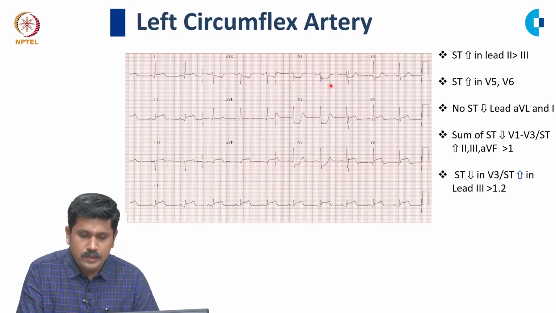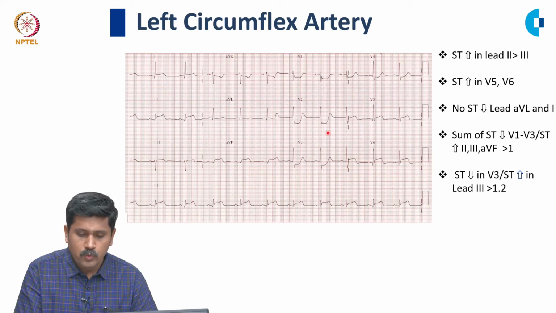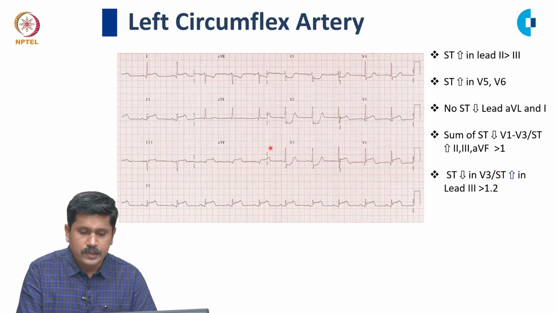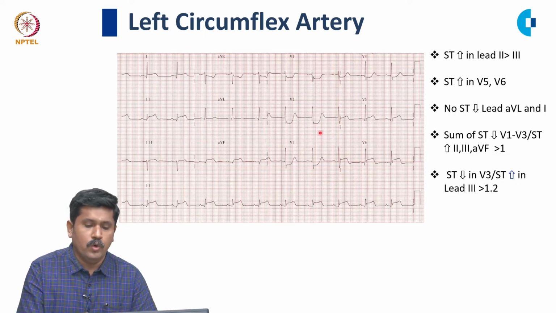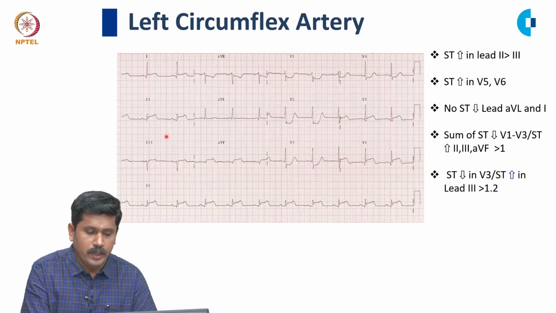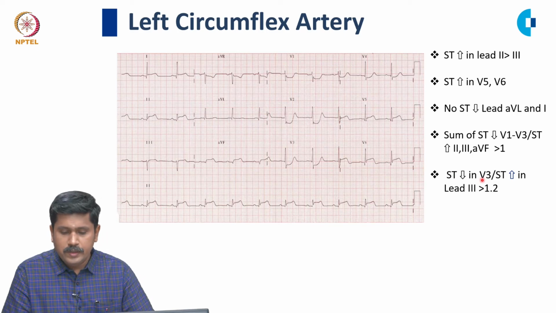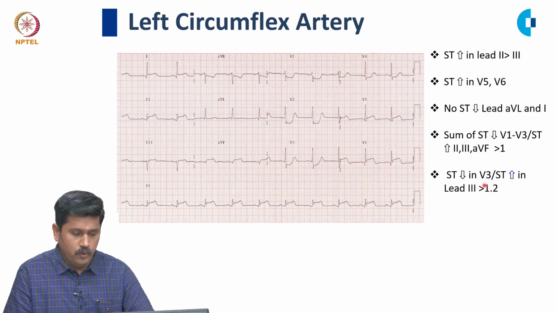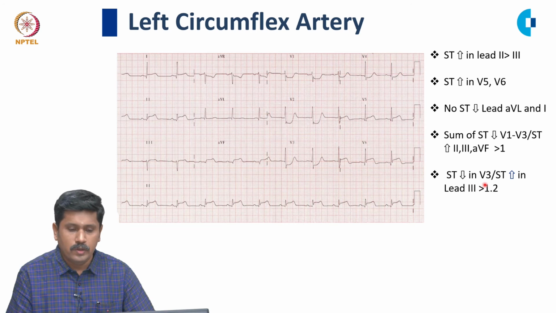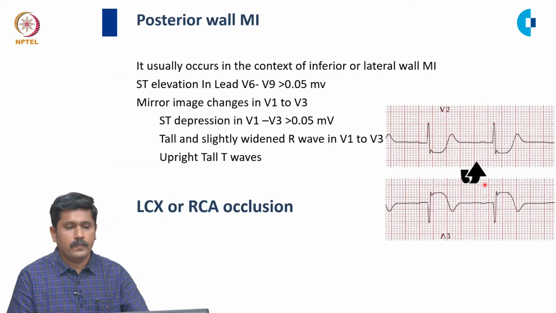There is an ST segment depression in V1 to V3, which is more when compared to the sum of the ST segment elevation in lead 2, 3 and AVF, and this ST depression in V3 divided by ST elevation in lead 3 is more than 1.2. So it localizes the lesion to the left circumflex artery.